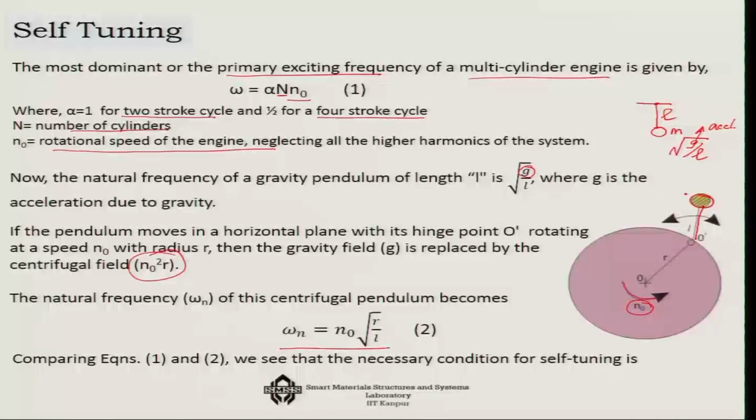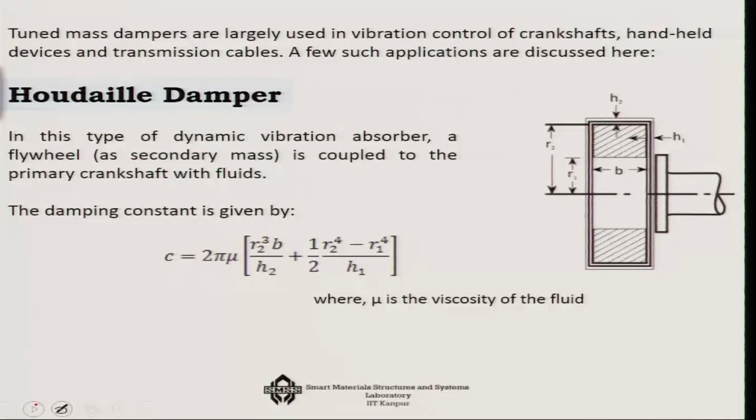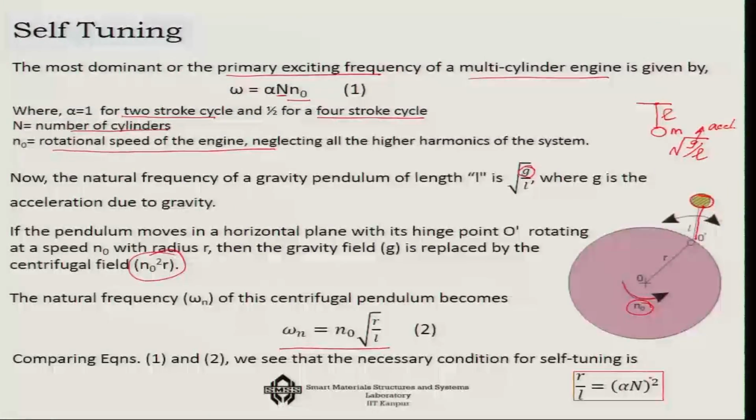It is a pendulum, except that the gravitational acceleration I am replacing by n0 square r, and the natural frequency of this system is coming out as n0 square root of r by L. If I equate 1 and 2, then I am going to get a condition, and the condition for which this will happen is when r by L will be alpha n square. So, for example, for a 2-stroke cycle alpha is 1, known to you, and the number of cylinders is also known to you.